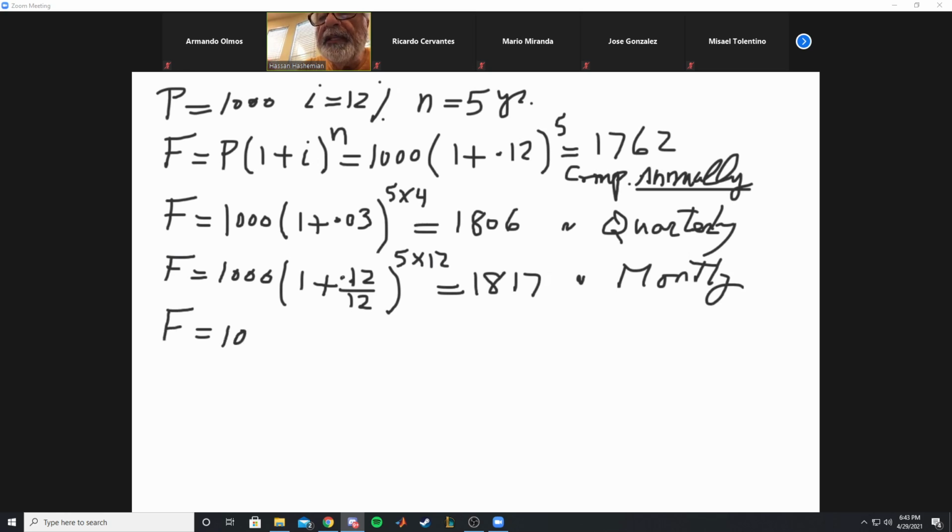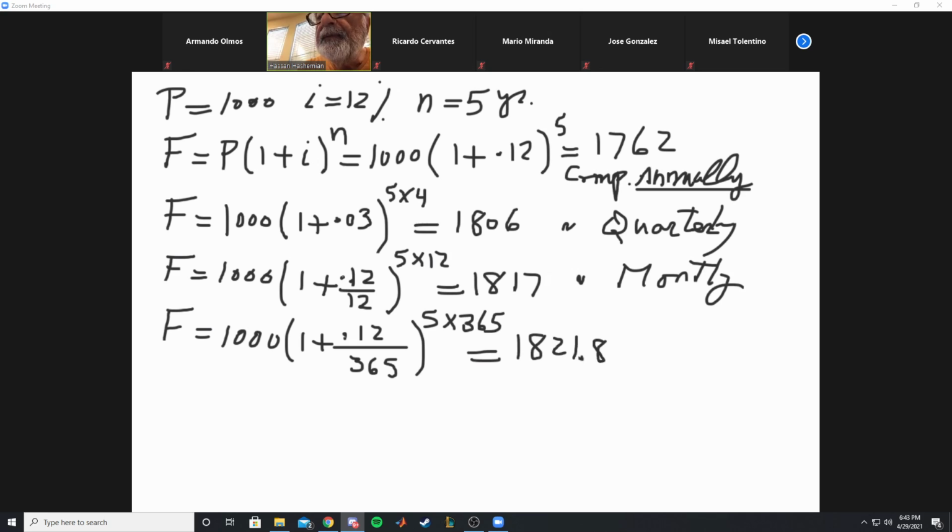That will be 1,000 times 1 plus 0.12 divided by 365 days, and then you have 5 years times 365. If you calculate that, it will be 1821.8. So this is the daily. Again, you get a few dollars more if you do compounded daily.